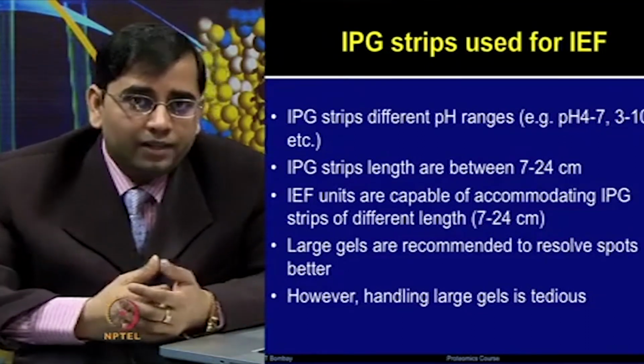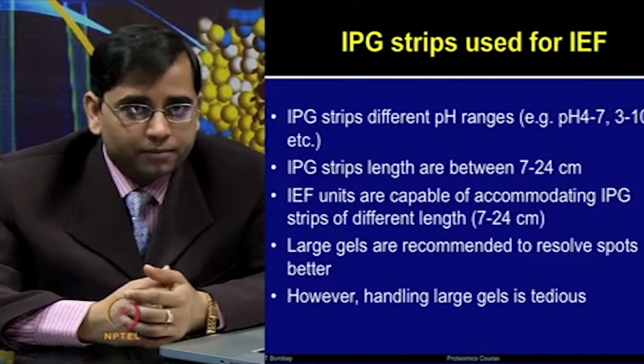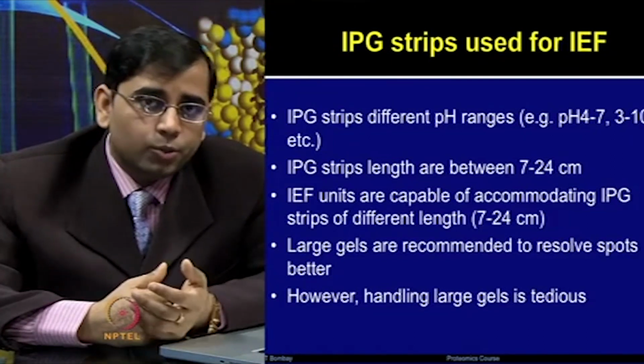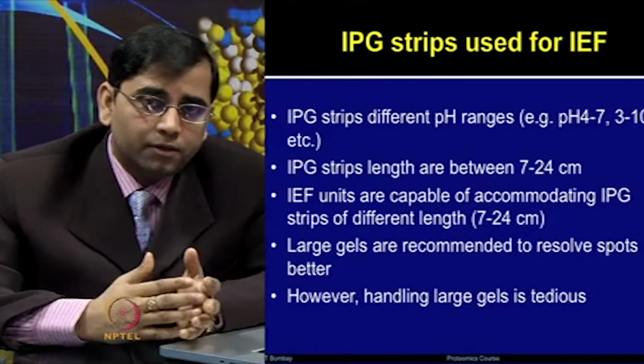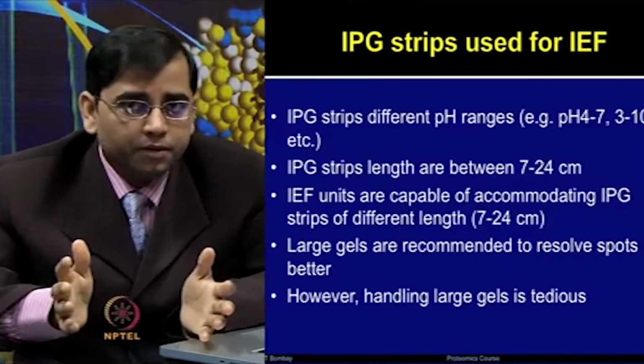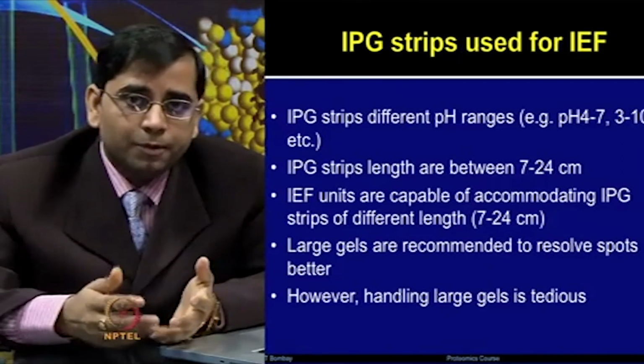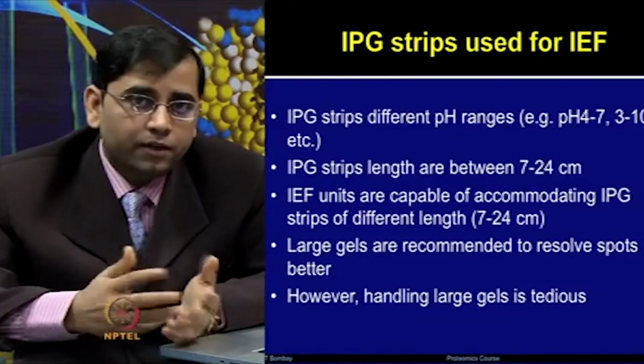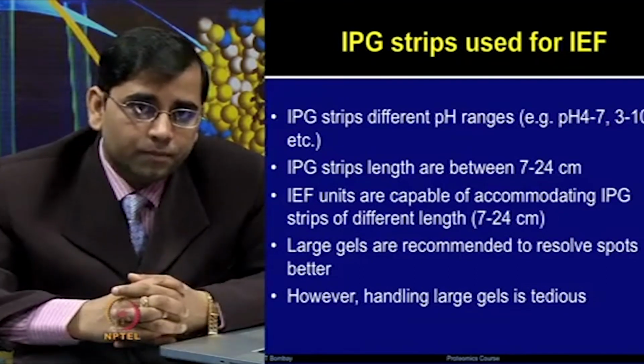Now, what length of IPG strip should be used? One can use from 7 centimeter to 24 centimeter. There are different types of strips being manufactured by different commercial companies.